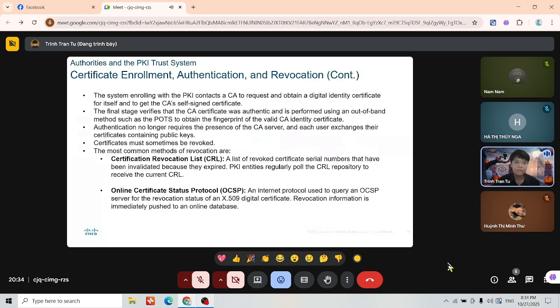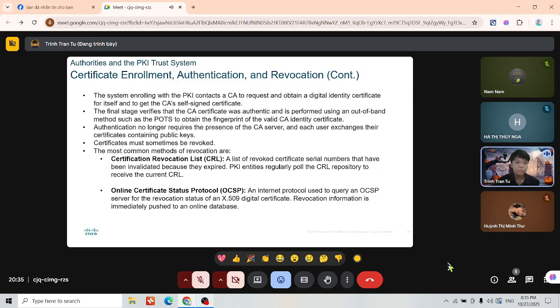And 14. When a certificate fails or expires, it must be revoked. There are two main methods. The first method is CRL, the certificate revocation list of revoked certificates, and OCSP, the Online Certificate Status Protocol, which gives direct status verification.